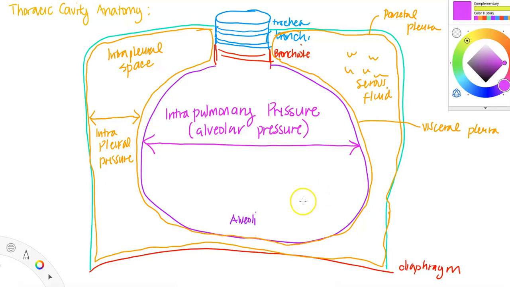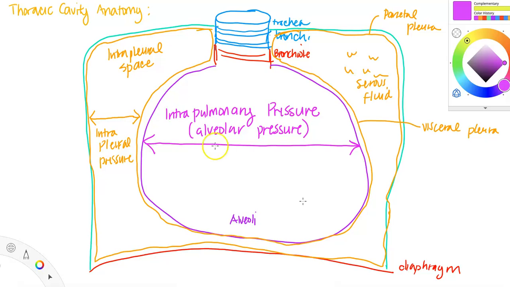All right, so we're going to look at those pressures because the pressure inside the lung reacts with the pressure outside of the lung, so in the atmosphere, and that difference in pressure is really what allows you to breathe.